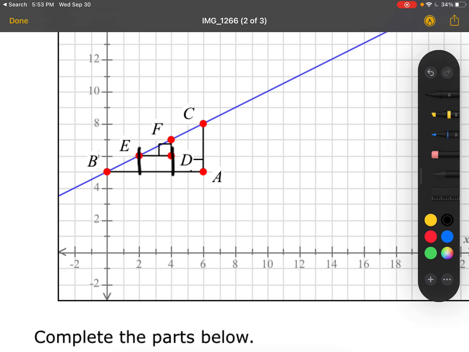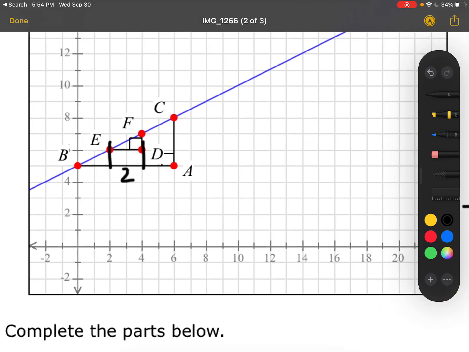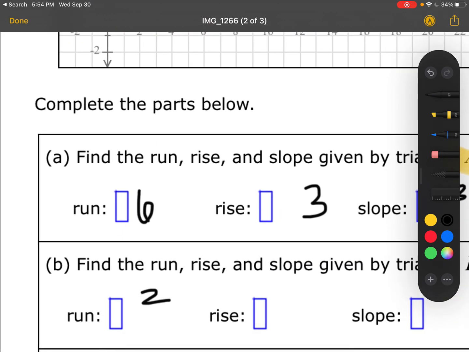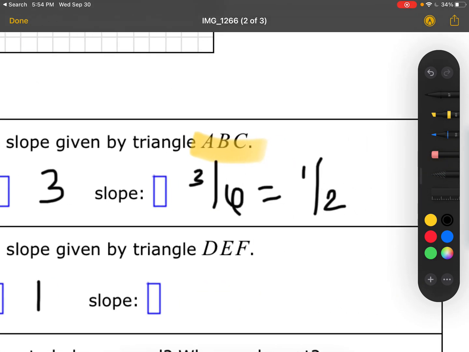So 2 to 4, the difference of that is 2. So over here, I'm going to say my run is 2, and then I'm going to erase this so you can see it nicely, and then up here, it goes to 1. So the rise is 1. So when I put that in, it's 1/2, and that doesn't simplify.